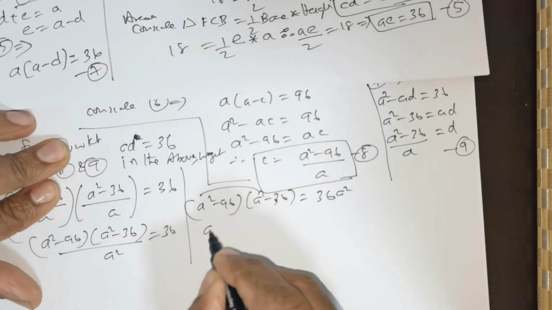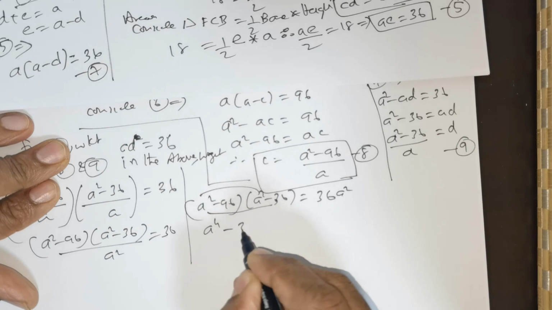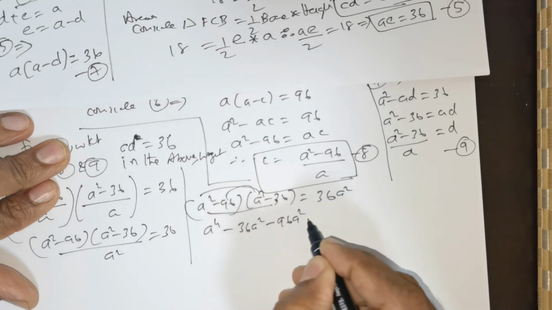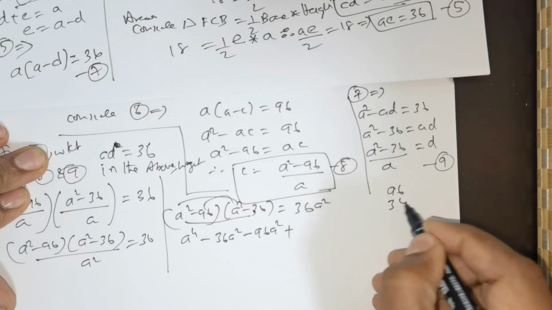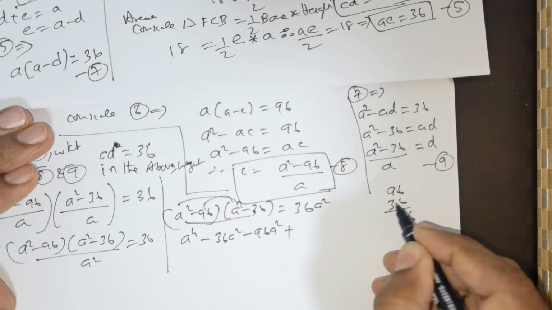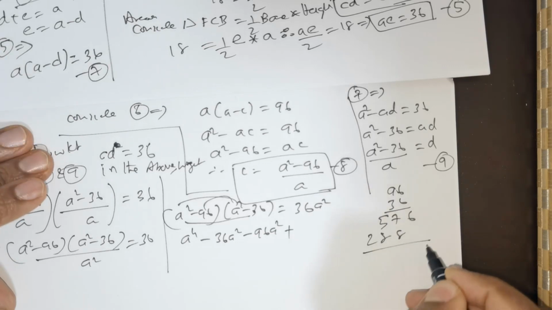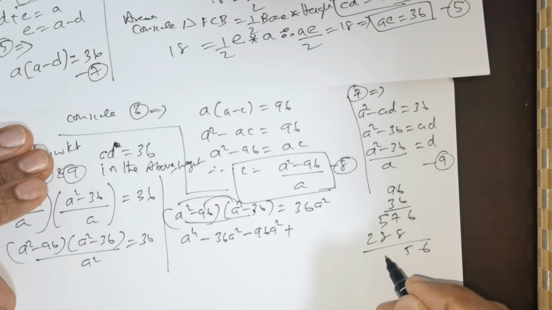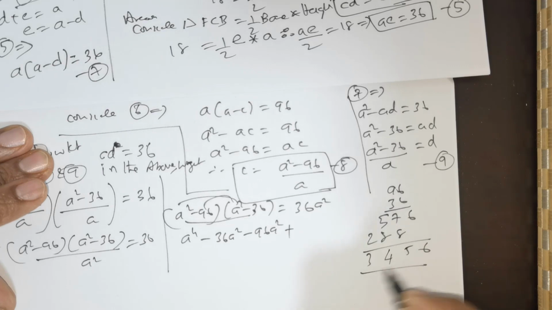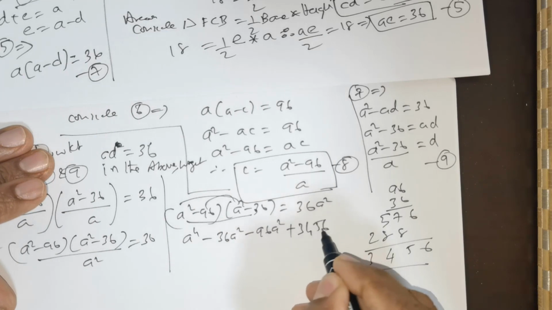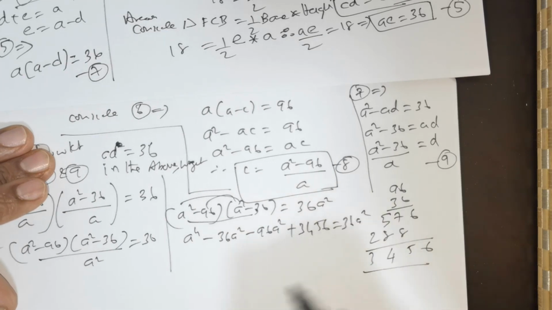A squared into A squared, A to the power 4, minus 36A squared, minus 96A squared, plus 96 into 36, which is 3456, is equal to 36A squared.